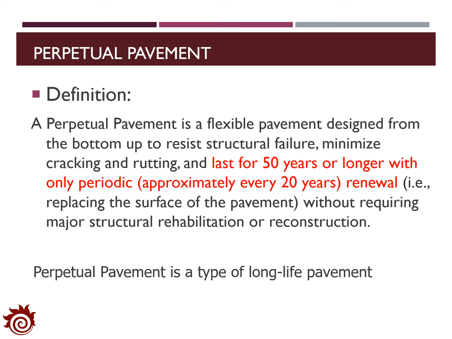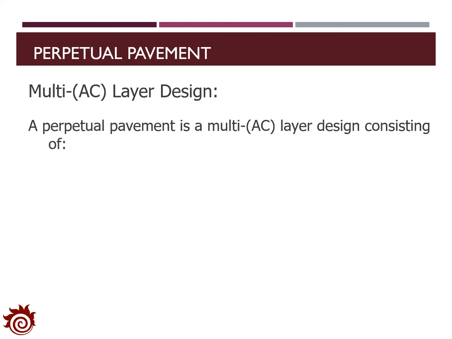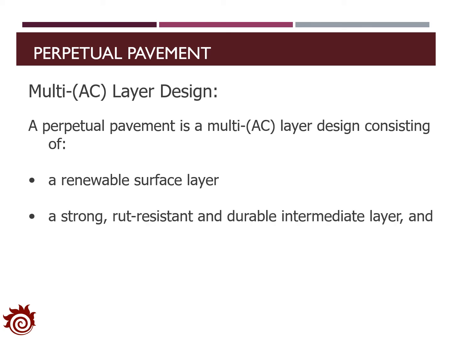And we have the third one, a fatigue-resistant and durable bottom layer. In summary, a perpetual pavement is a multi-layer design consisting of 3 asphalt layers. First, a renewable impermeable surface layer. Second, a strong, rut-resistant and durable intermediate layer, and a flexible, fatigue-resistant bottom layer.